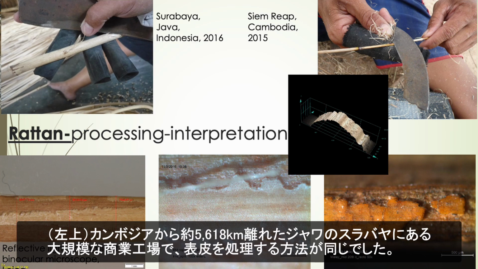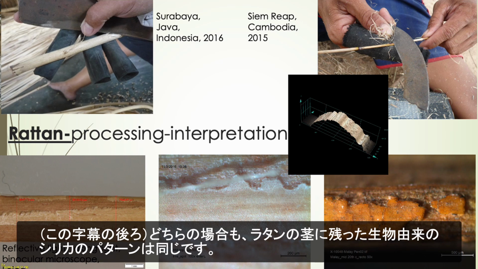And that is located 5,600 kilometers from Cambodia. On the left side, even though you can see treatment of the surface with a knife, that was like the final touch which workers applied in finishing rattan. It was processed in many different ways, but the same application of knife was actually observed in those two places.